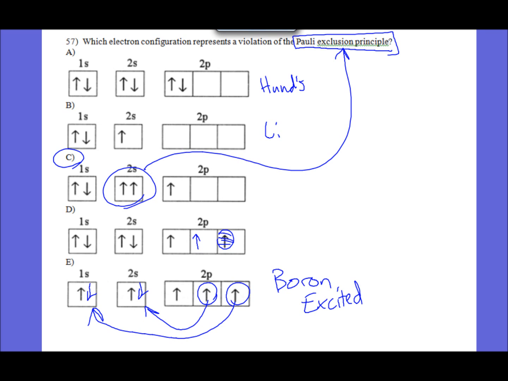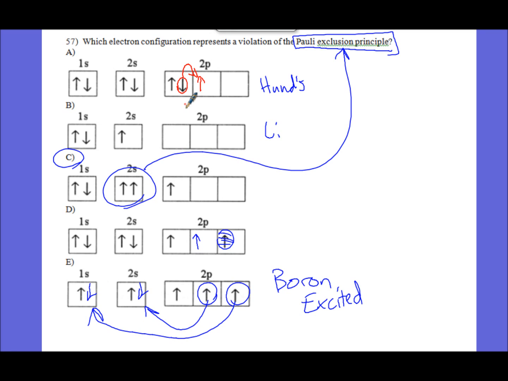Hund's rule says that the electrons will spread out between the degenerate orbitals, and these 2 electrons in the first of the p orbitals are not spread out, they're in the same orbital. So this one here should actually be here, like that. And it's not, so that's a problem. So that's a Hund's rule violation. It's not the answer to this question, but it is a Hund's rule violation.